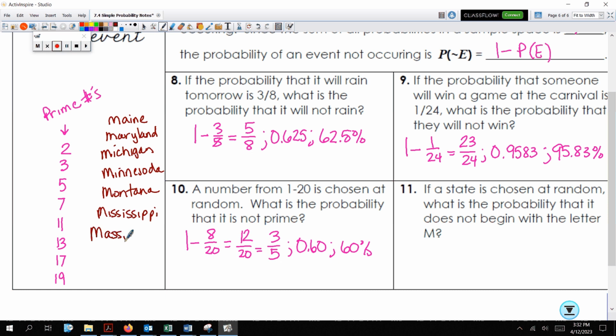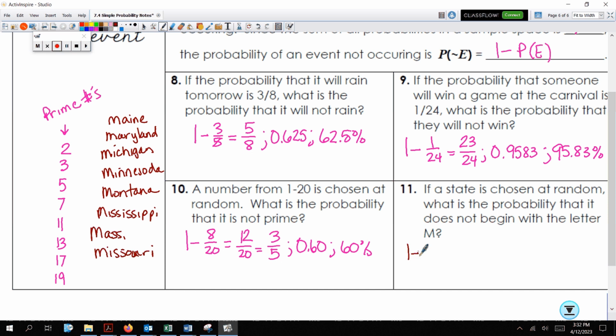I'm just going to abbreviate it because it's so long and I'm already taking long enough. And we've got Minnesota. We don't have Missouri, that's the other one. I just Googled states that start with the letter M. All right, so that means 8 out of, well, we know how many total states we have, right?